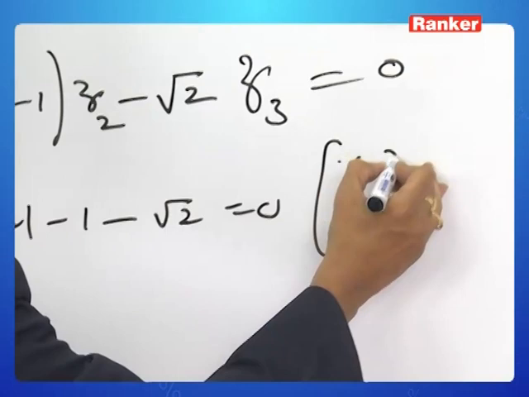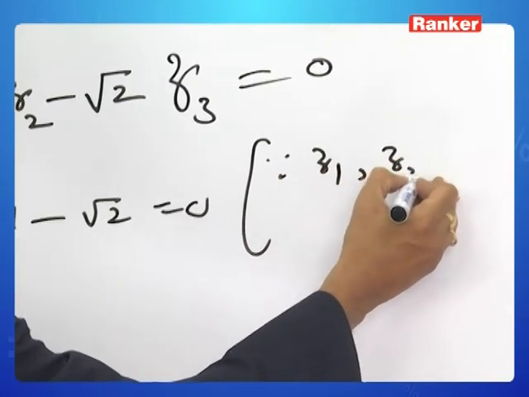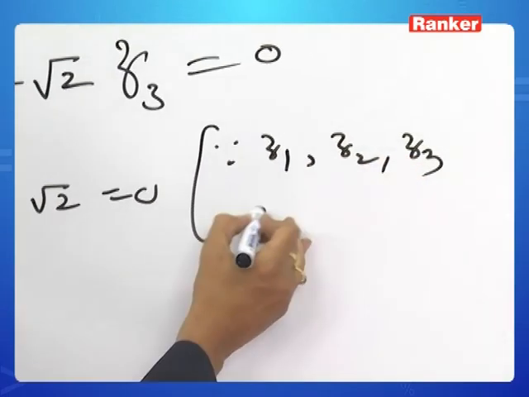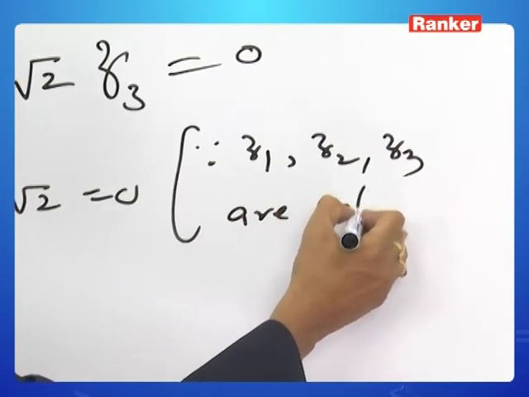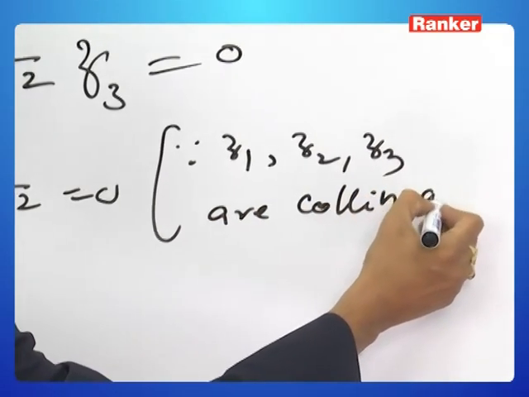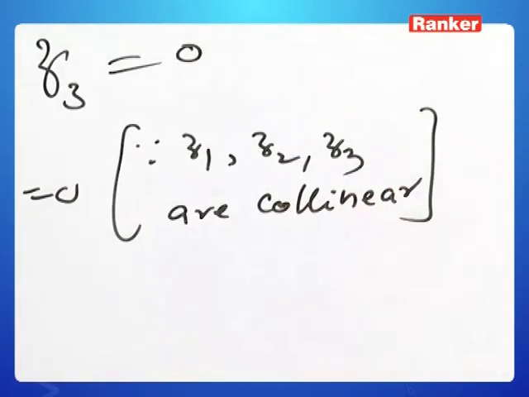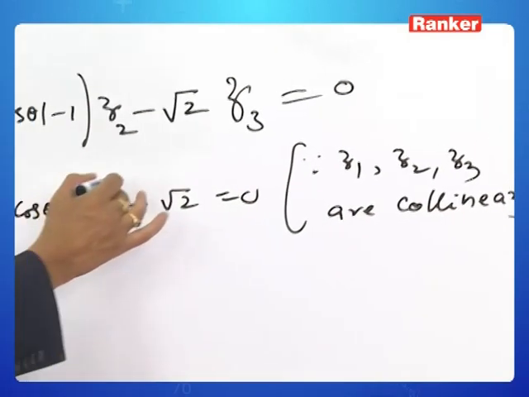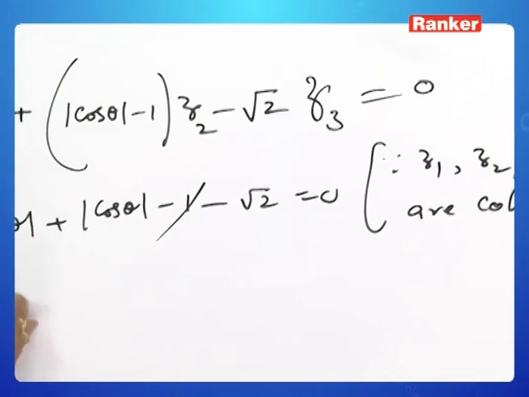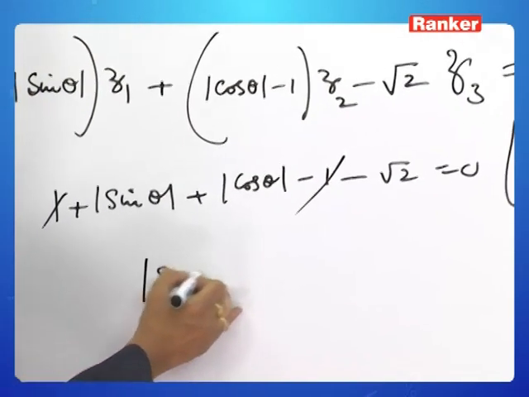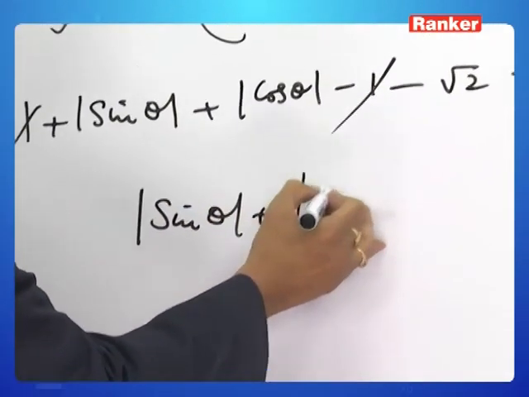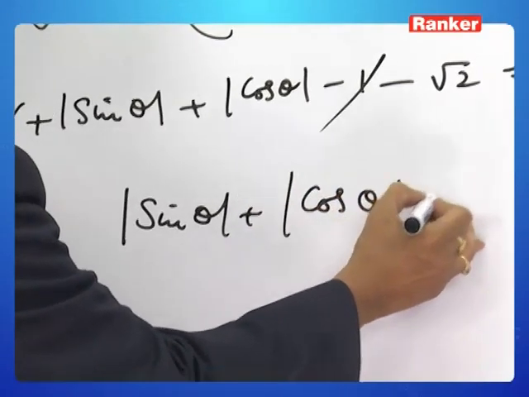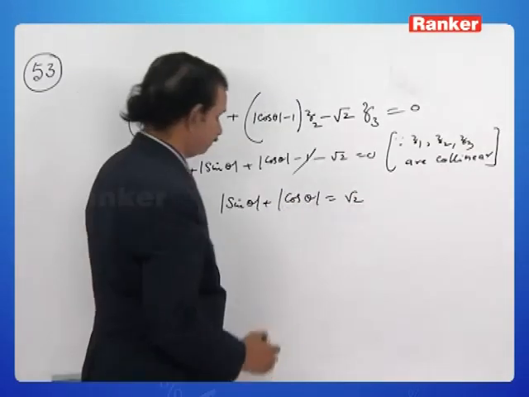We are able to use this because Z1, Z2, Z3 are collinear. Well, what is going to happen? Let us observe. Mod sin theta plus mod cos theta is equal to root 2.